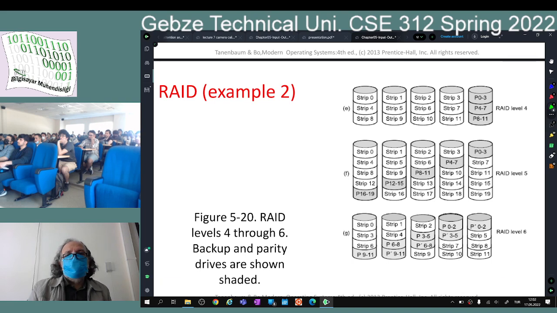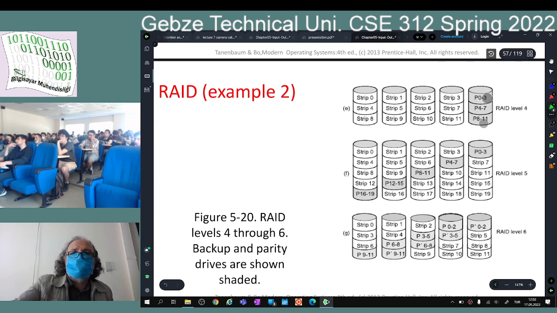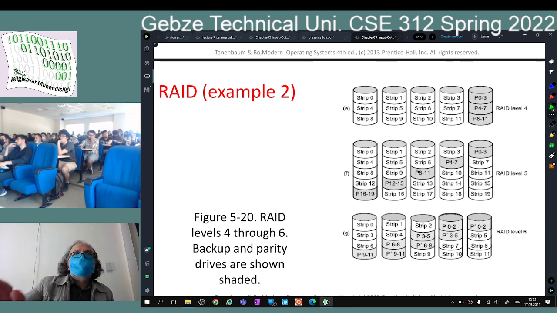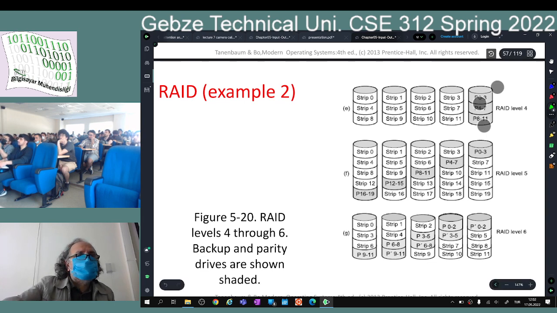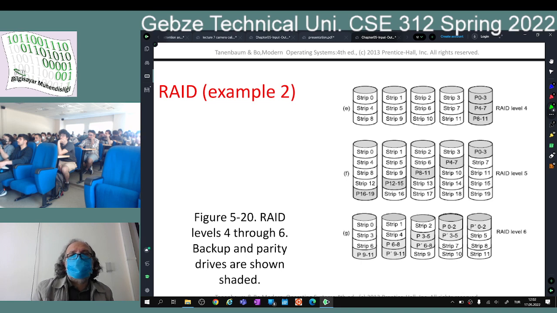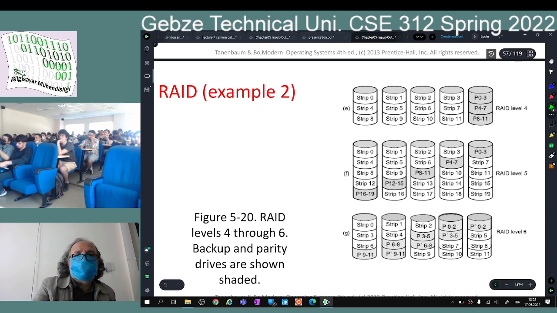Okay, when you do the strip, if you keep your parities on the same disk, if the things are always good, I am wasting this disk. I am not using this at all, right? I cannot make my data 5 times faster because I have 5 disks. It could be at most 4 times faster because this doesn't have any useful data if the things are good.